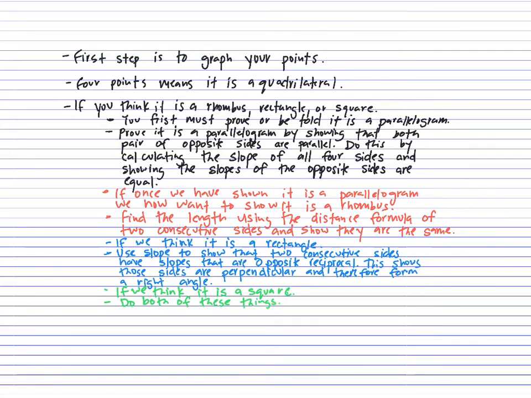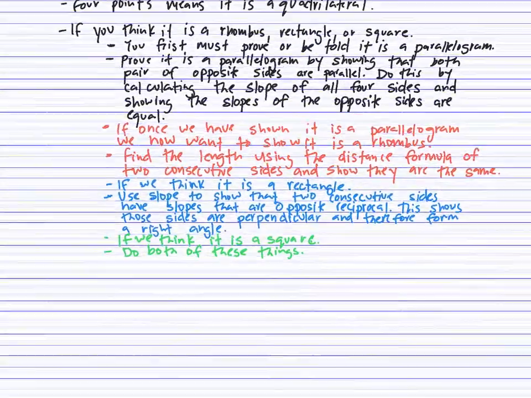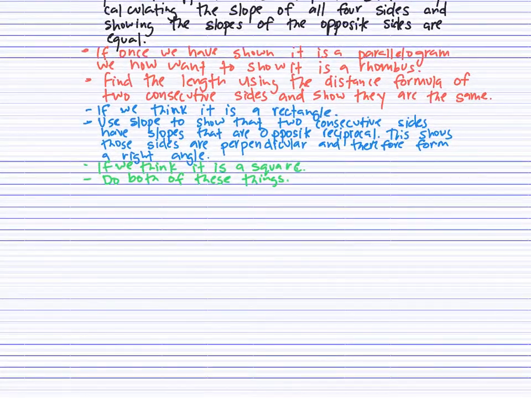Once we know it's a parallelogram, if we think it's a square, we would need to do the rhombus, show those two consecutive sides are equal, and the rectangle, show those two consecutive sides are perpendicular.